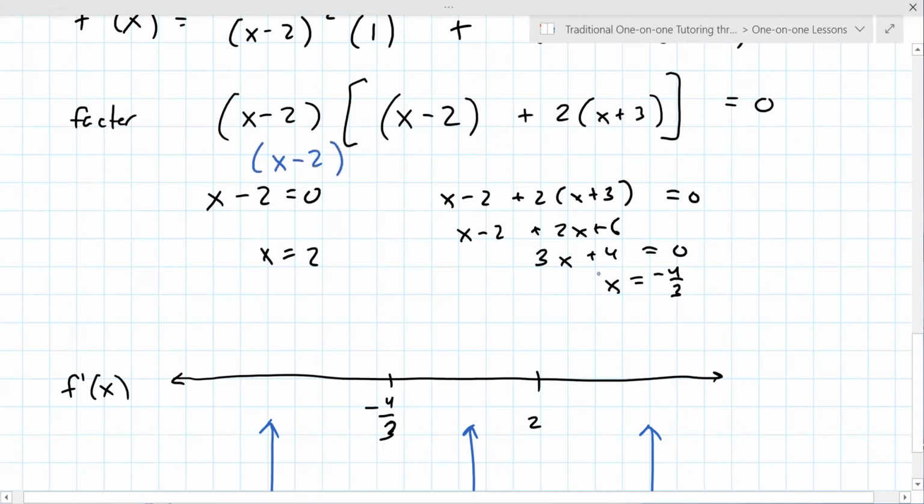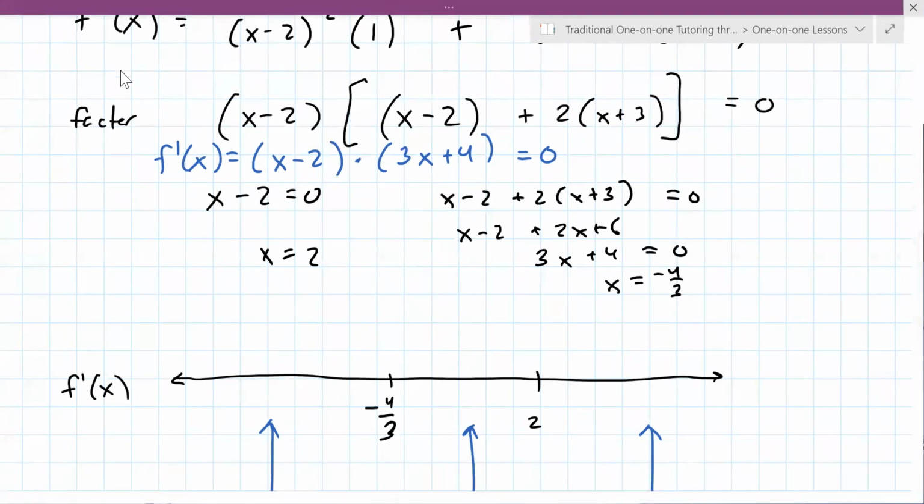This inside here we just showed reduced to 3x plus 4. That was this line right here. So this is the derivative simplified: x minus 2 times 3x plus 4. Now you don't actually need the number. You just need to know whether it's positive or negative.